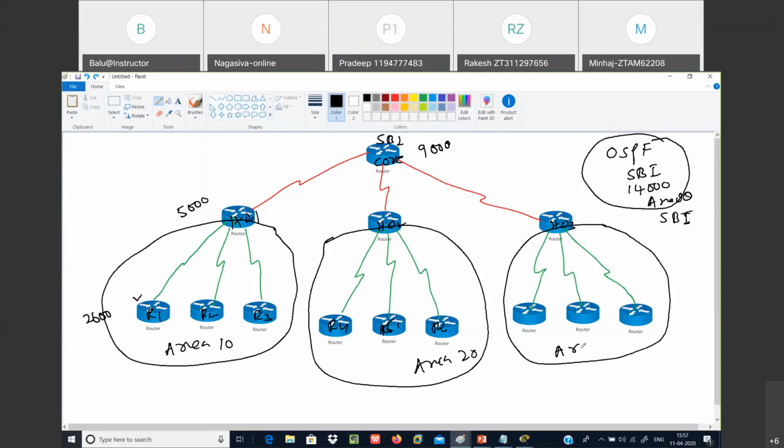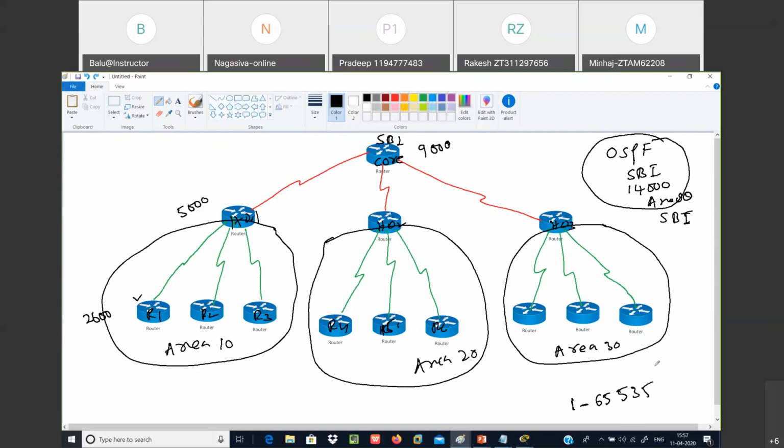Okay. So area 10, area 20, area 30, area 40, area 50, like that, a number of areas. The area number can be any number between 1 and 65,535. Here we have some conditions.